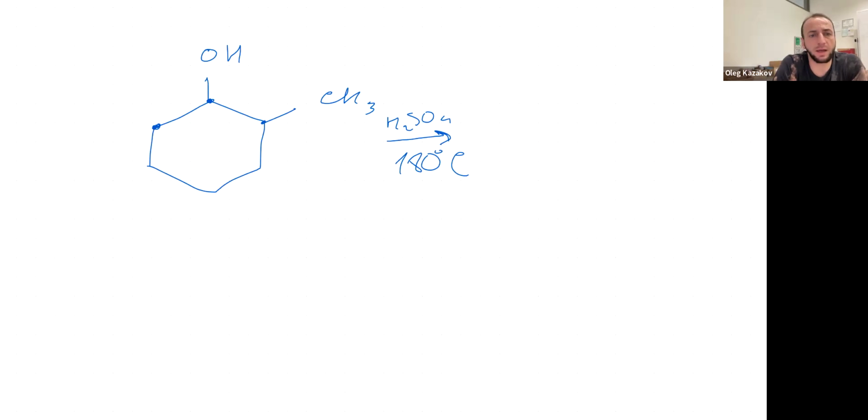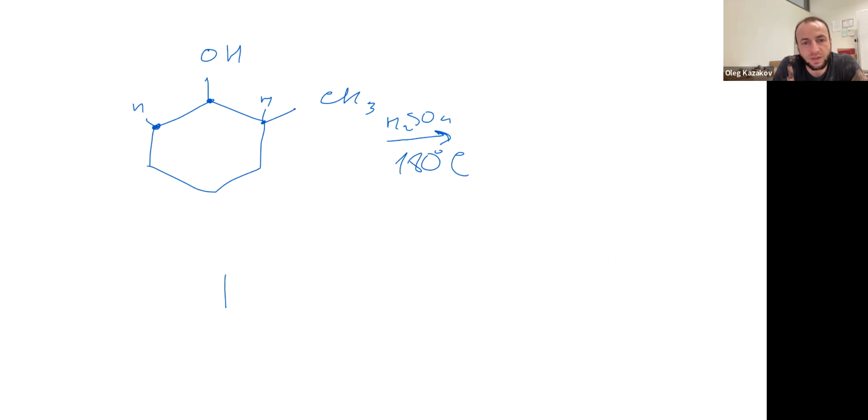So if you consider the situation, we have the H here, and we still have the H here. There are 2 adjacent carbons to the alcoholic carbon from which the H can be removed, and depending on which carbon you are removing the H from, you will have 2 isomers. So now let's draw both of them.